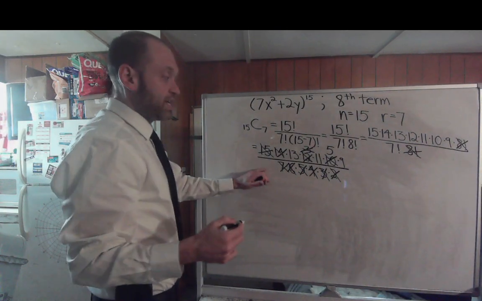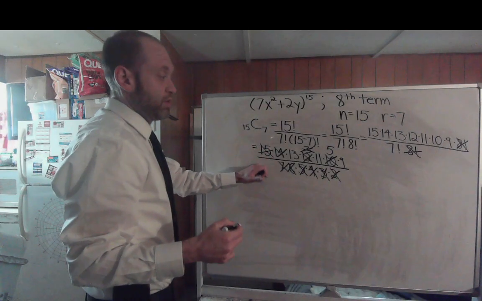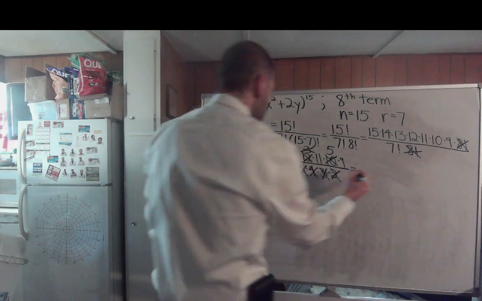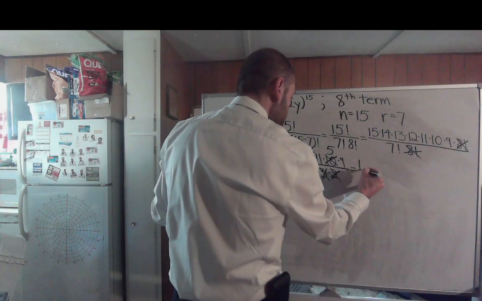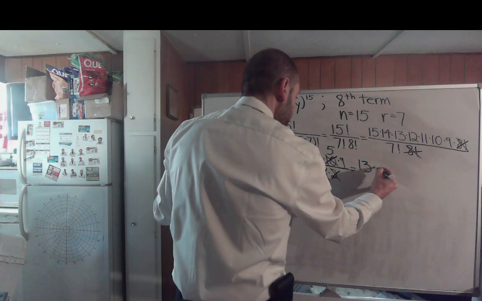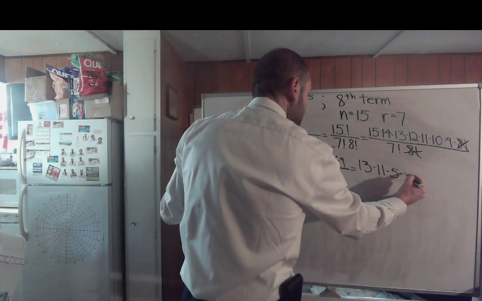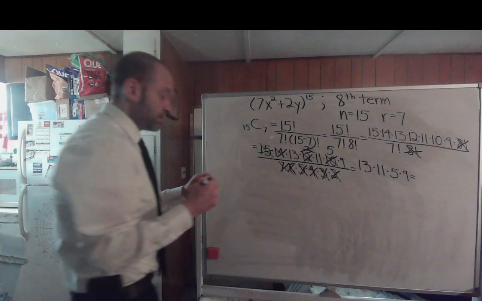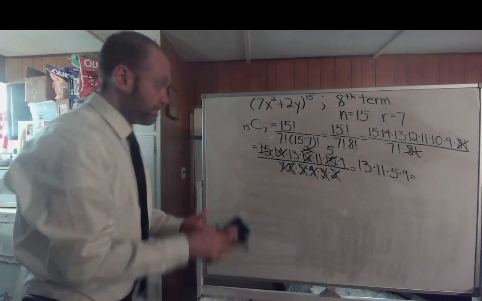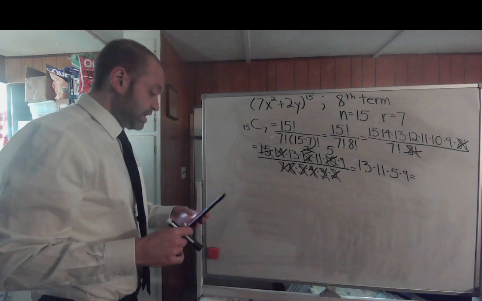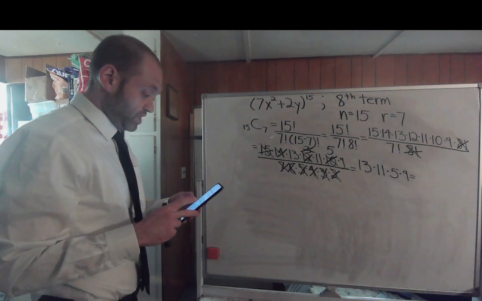We should always end up with a whole number in the numerator, and then the denominator should disappear. So what we're reduced to is 13 times 11 times 5 times 9. Much better to work with, right? Let's see what our starting coefficient is here.